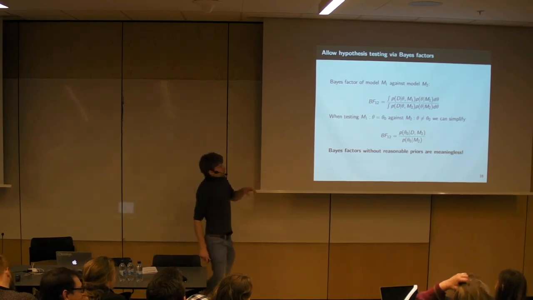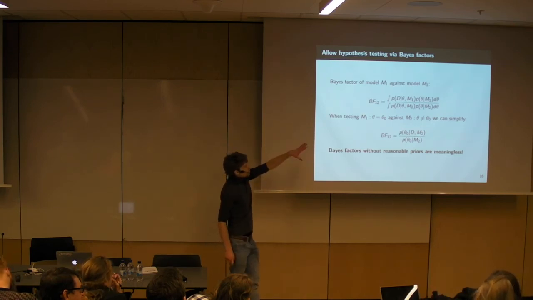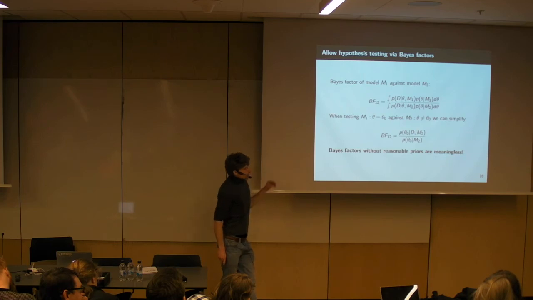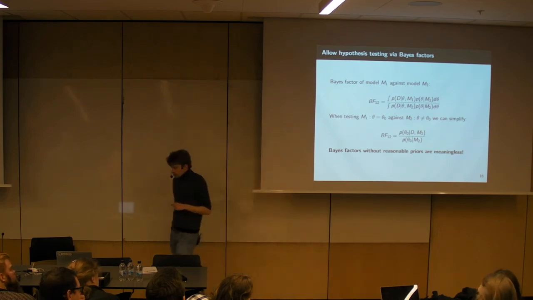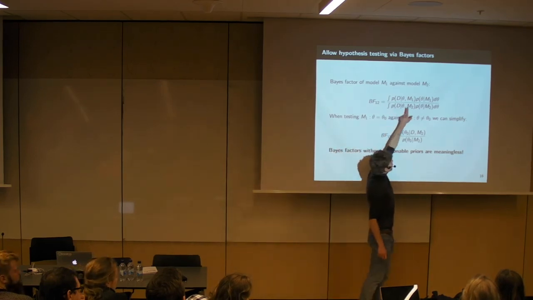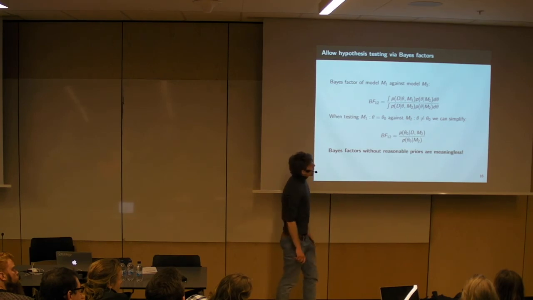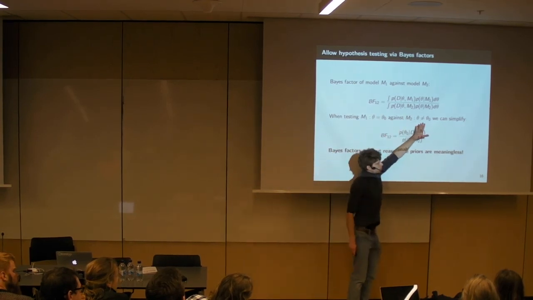But let's say we have two models, M1 and M2, then the Bayes factor is some sort of complex integral, which is basically just the likelihood of the first model times the prior of the first model integrated over the whole parameters, and the same for the second model.